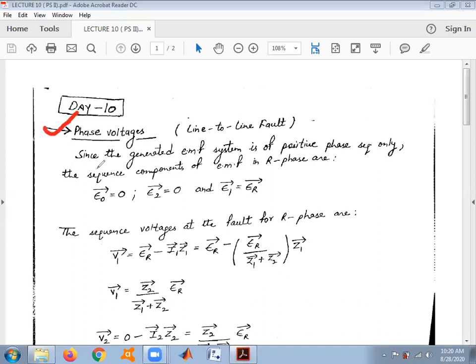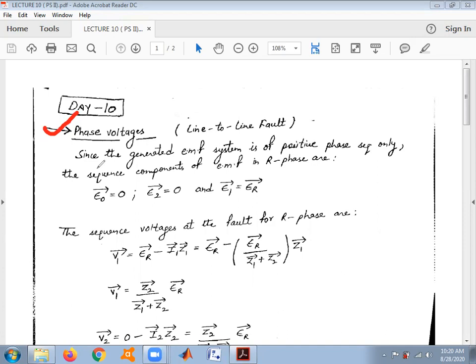Current along the other two phases is zero. We have to take R phase as the reference phase, irrespective of whether the fault occurs in the yellow phase or blue phase. We have to always take R as the reference phase. The impedance of the fault is zero.